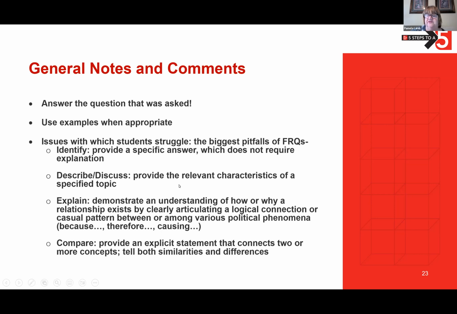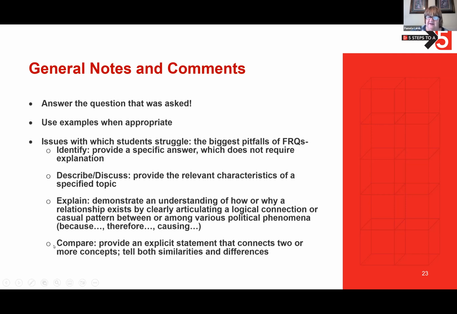Usually if you will use the term because, that forces you to make that explanation and usually will get you the points. So when it's time to explain, give details, elaborate as much as you possibly can.